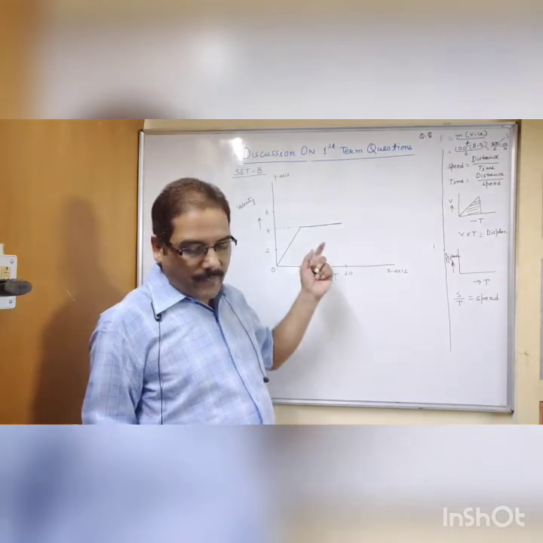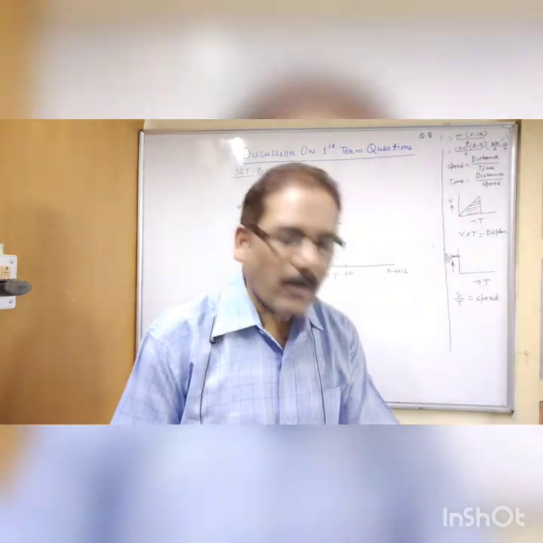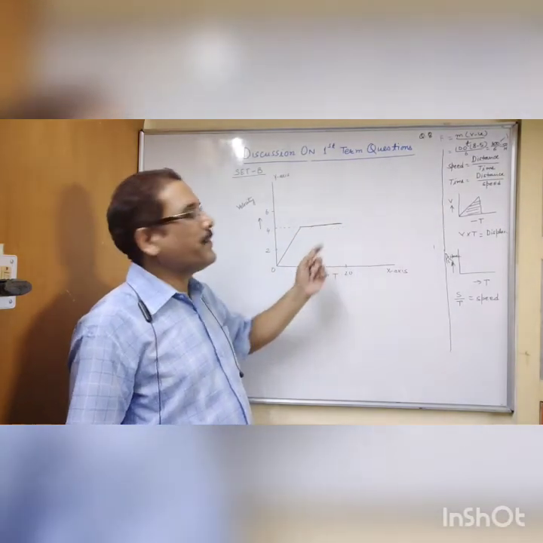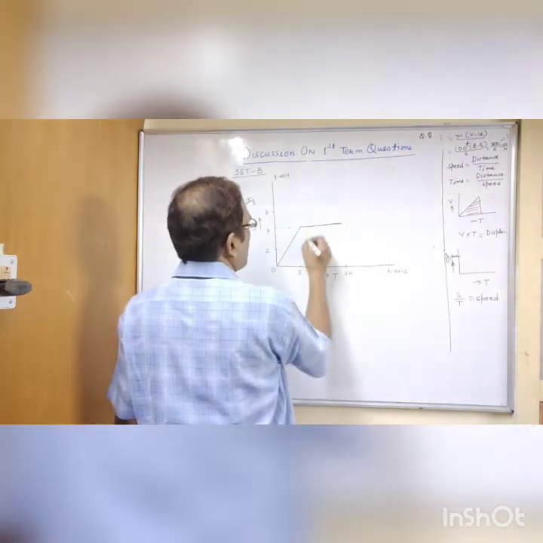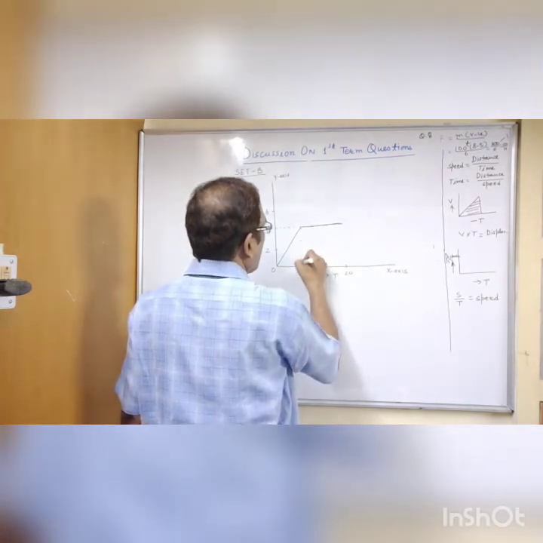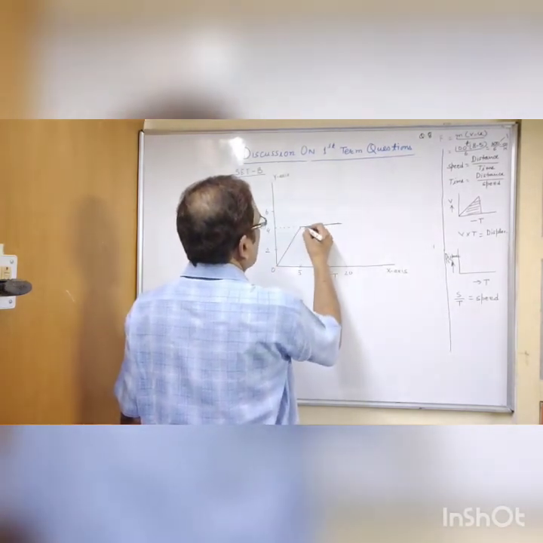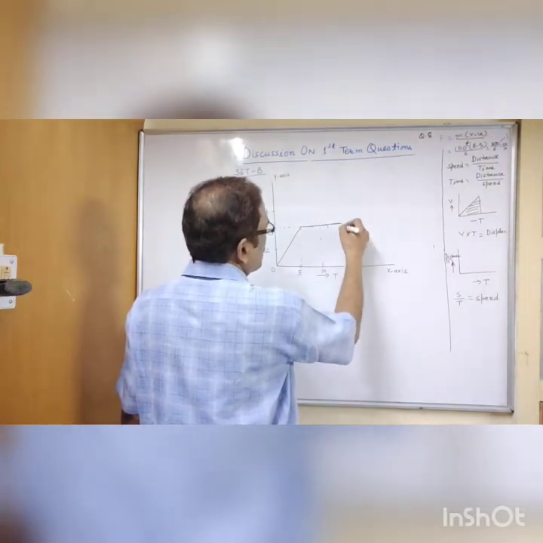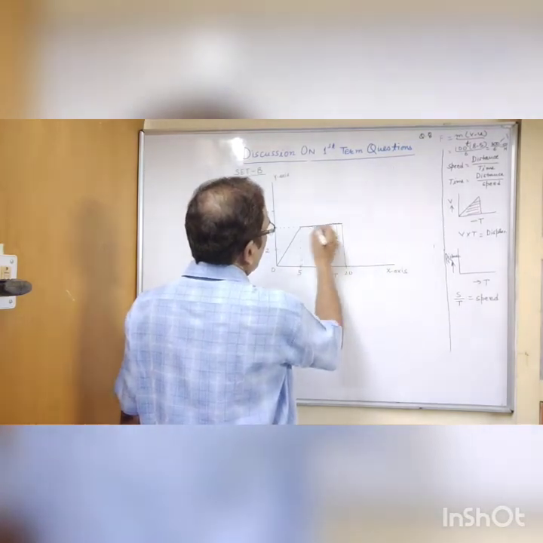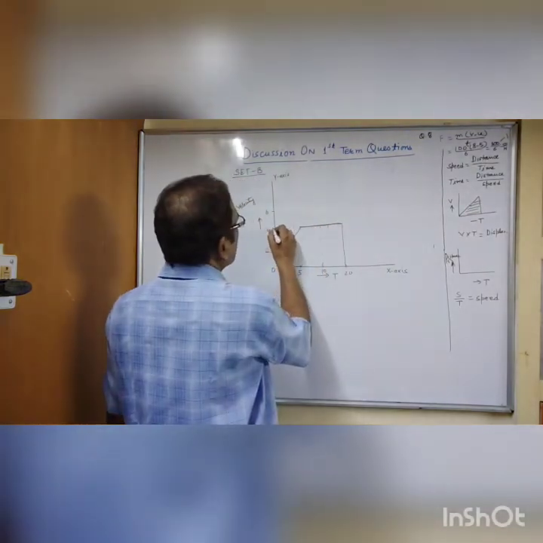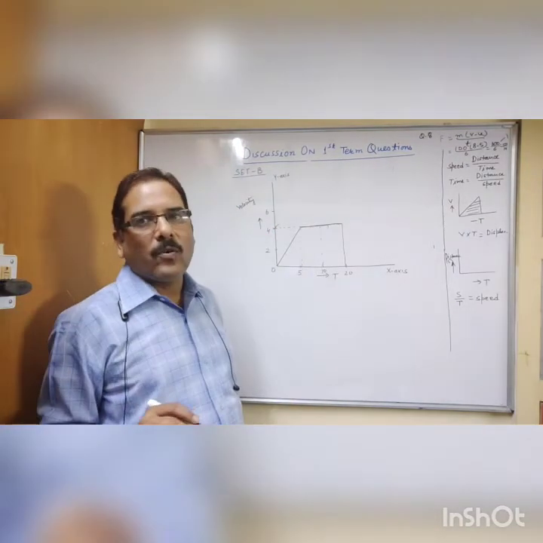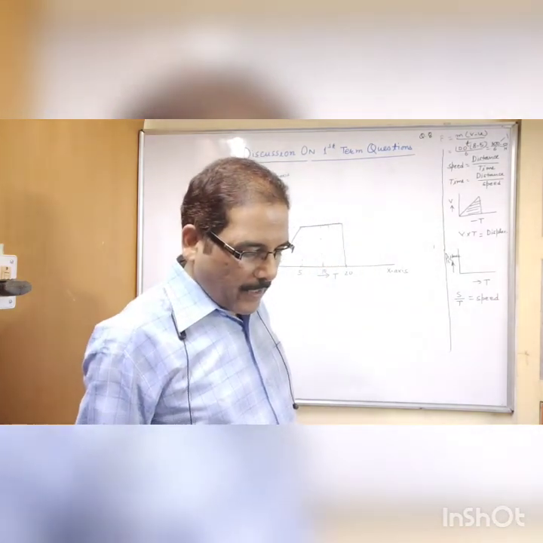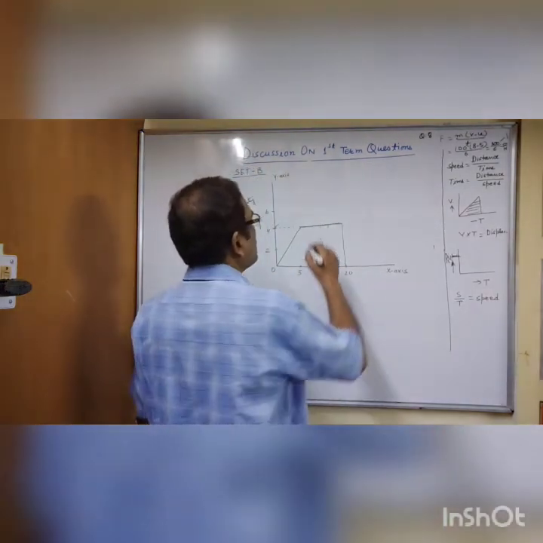If the graph is a horizontal straight line, it means the velocity of train is fixed. As the time passes, in 5th second its velocity is constant, in 6th second, 7th, 8th, 9th, 10th, 11, 12, 13, 14. In this way, during this time interval, there is no change in velocity. Its velocity is fixed, that is 4 meter per second. So if graph is a straight line, then train velocity is constant.